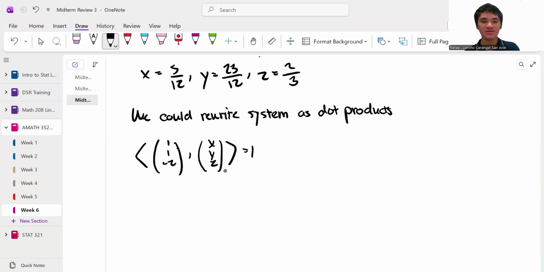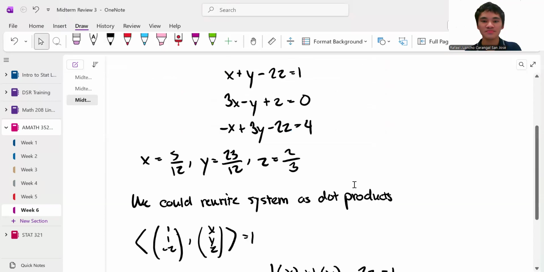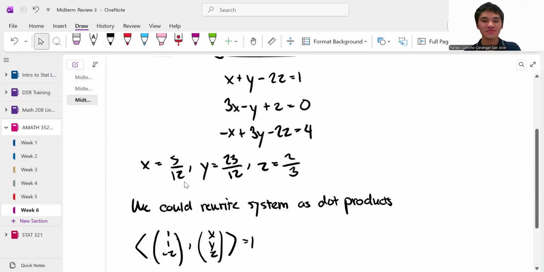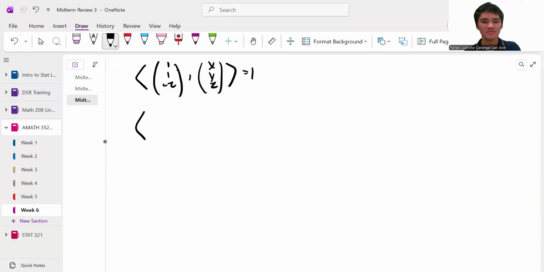We can do a dot product, then we would get a 1. And we can do the same thing for the others. So we could do 3, negative 1, 1, dotted with x, y, z.